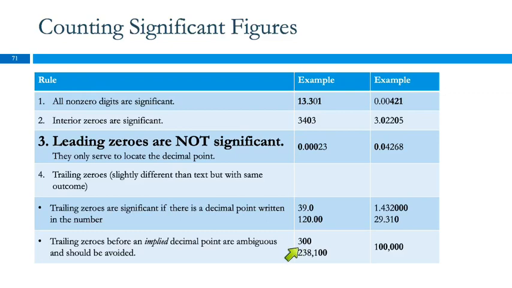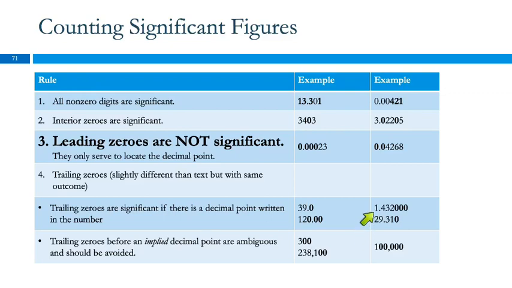If I didn't have these zeros, it would look like a 3, right? I have to have those zeros to locate the decimal point. Zeros that are there just to locate decimal points are not significant digits. They're just placeholders. So if I have a written decimal point, I don't need the zeros to locate it, and so then any zeros that are present at the end of the number are going to get counted.